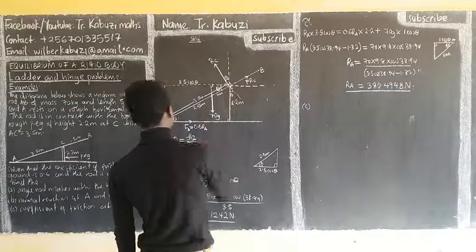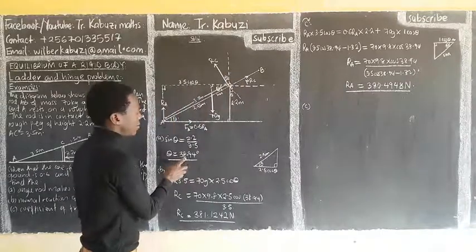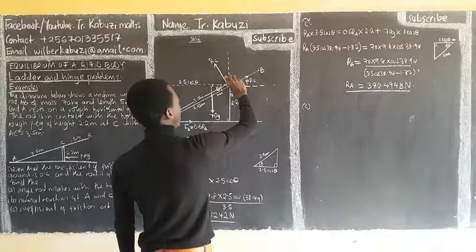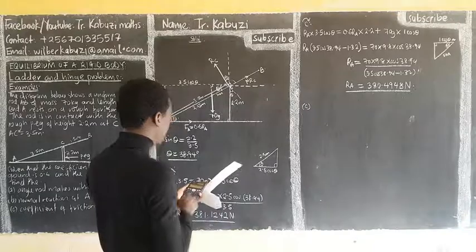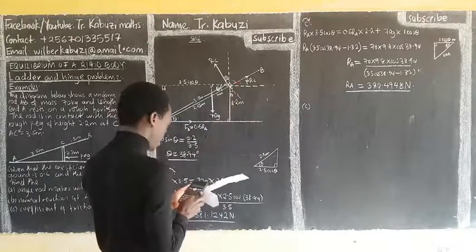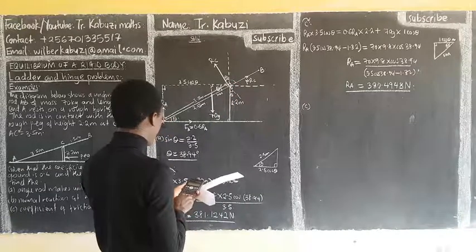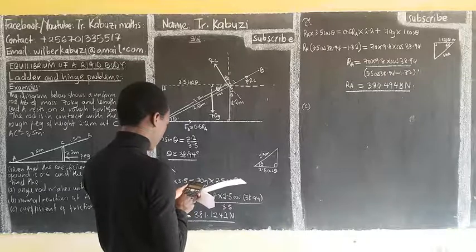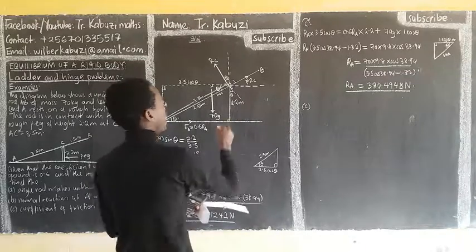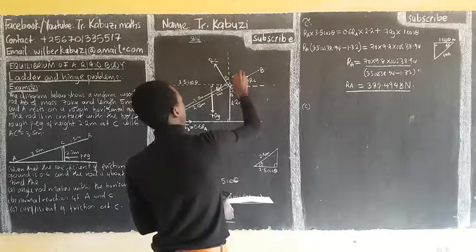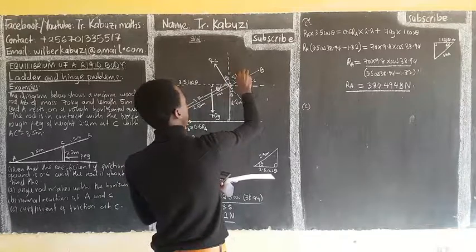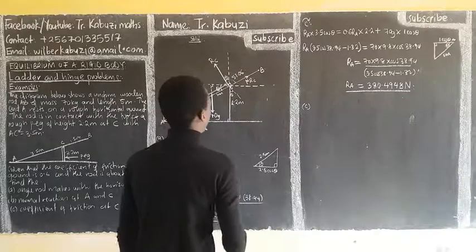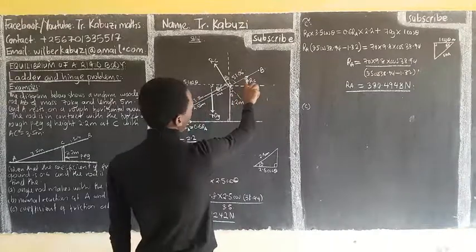If this is not our theta, it's 38.94, it means that this angle here is going to be 90 minus 38.94, which is giving me 51.06. Okay, now you can try to resolve this.